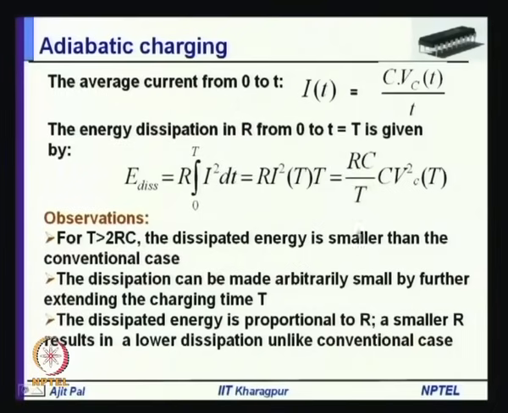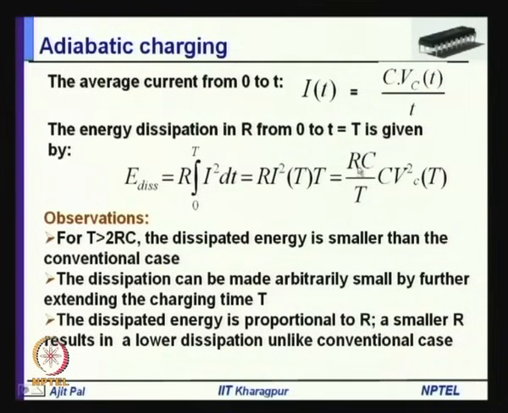Is there any other way to reduce it? Another alternative is, first is time, and second, there is another very important parameter. Earlier we have seen this resistance was not part of this expression, because the dissipated energy is proportional to R. This R was not present in our earlier expression.